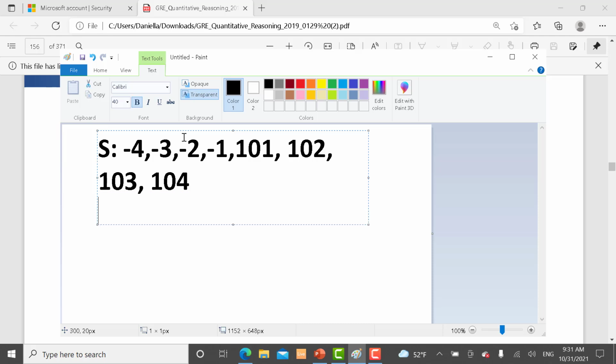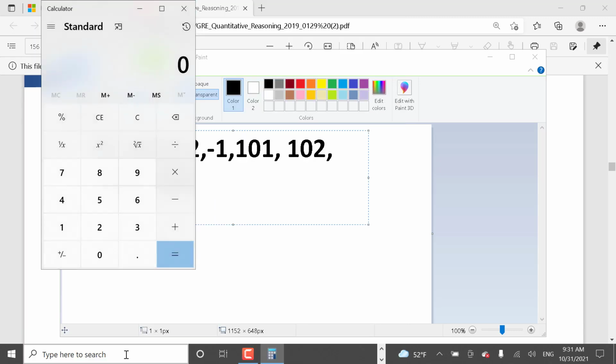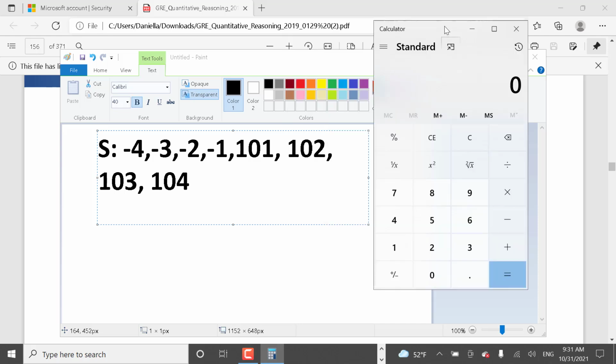So from here, I find the mean by adding them all up and then dividing by 8. You can do it by hand, but I want to do it quickly, so I'm going to use a calculator, because on the exam you're allowed to use a calculator on the screen. You're not allowed to use your personal calculator. You're only allowed to use the calculator on the exam.